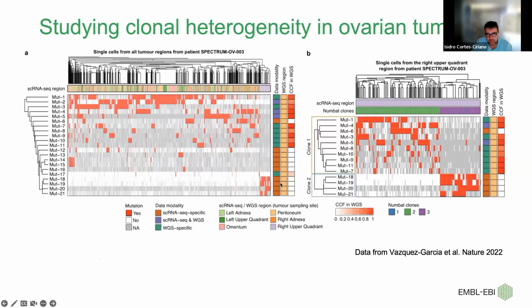Now, if we zoom in on this area on the right hand side, we can see that the cells from this tumor region, the right upper quadrant, can be divided into two major clones that are defined by the mutations indicated on the y-axis. What is really exciting about this analysis is that these two clones correspond to clones defined using copy number information.